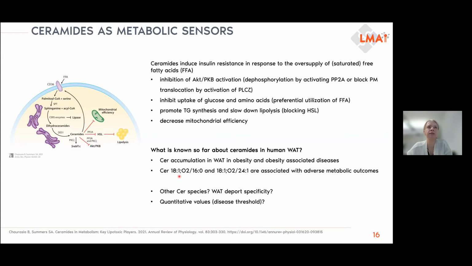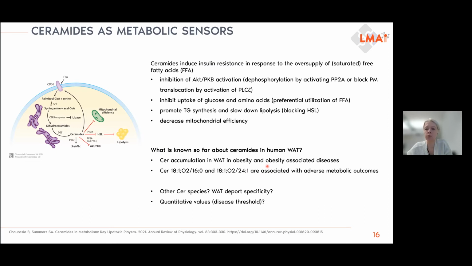Yeah, so these are the classical sphingosine-based ceramides, which are acylated with, for instance, palmitic acid, or there is also data showing that C24:1 fatty acids also increase their content in the ceramides. And that is associated with adverse metabolic outcomes. But in the majority of cases, the sphingolipidome of adipose tissue was not addressed in an untargeted manner.